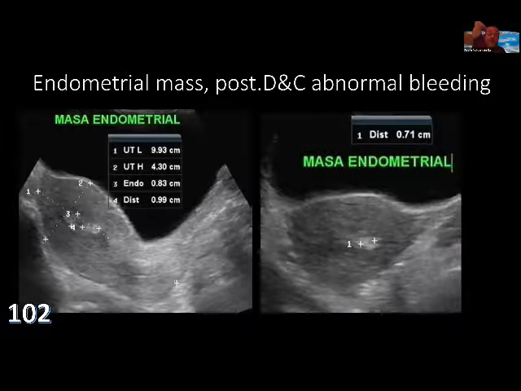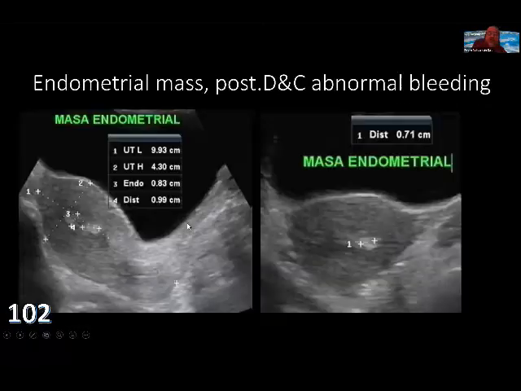And this patient had abnormal bleeding after a dilation curettage procedure. And we find a small endometrial rounded mass here.